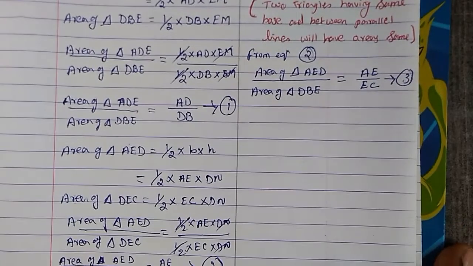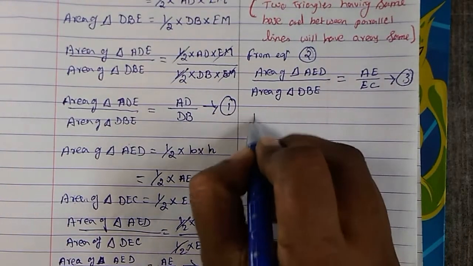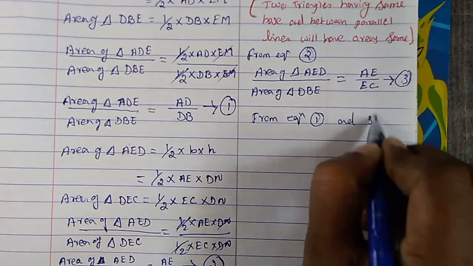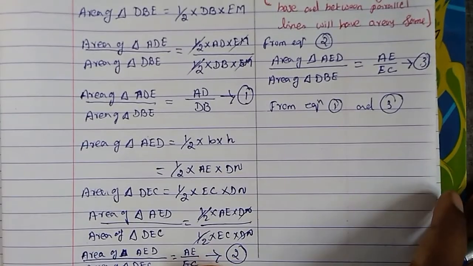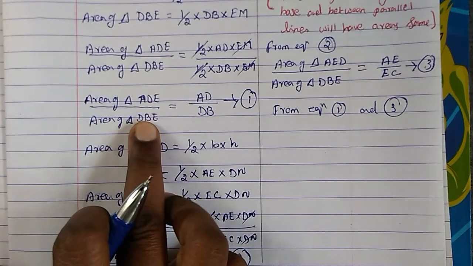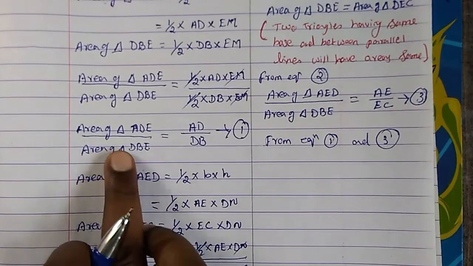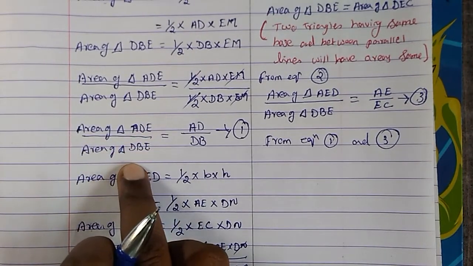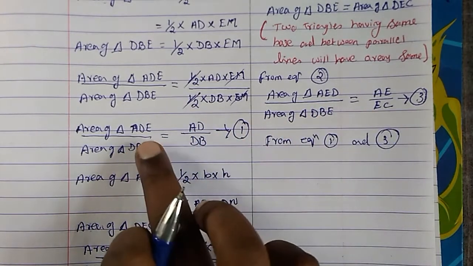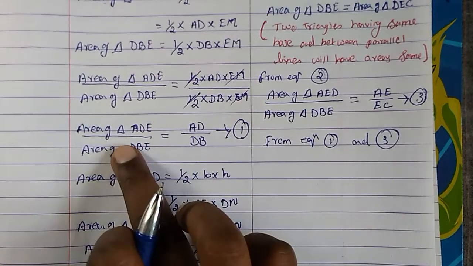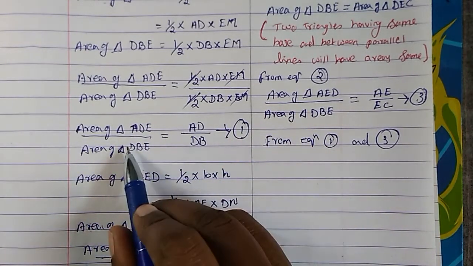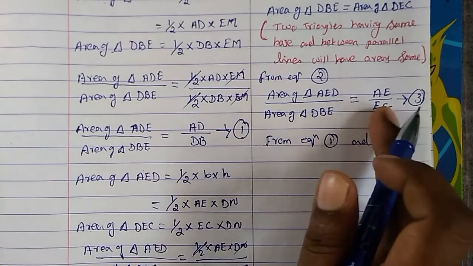Now look at equations 1 and 3. Equation 1 is area of triangle ADE upon DBE. Equation 3 also is ADE upon DBE. So in both equations the left side is the same. If the left side is the same, then the right side will also be equal to each other.